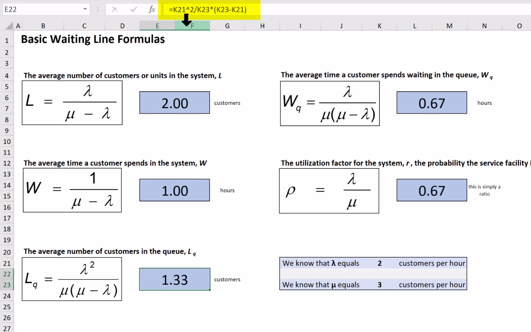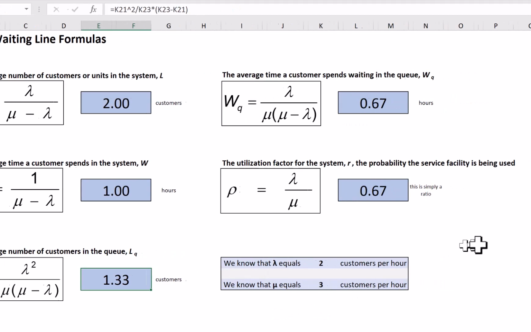It is Shift 6 on your keyboard, and the caret stands for raised to the power 2, squared in this case, and then divide by K23, that's mu, times the subtraction of mu minus lambda in parentheses as such. And you will get an answer that the number of people at any time in line is about 1 1/3 persons.